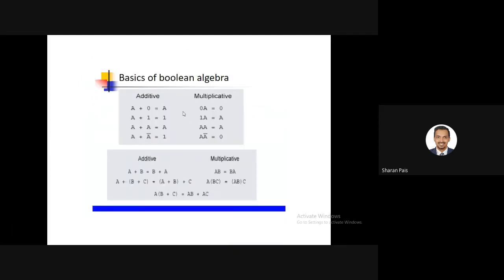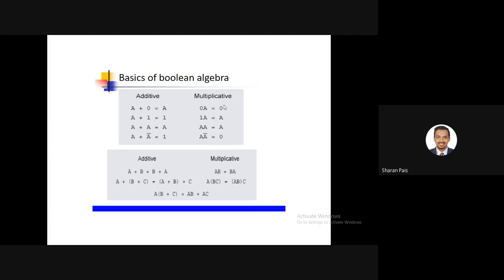The equations which are used for the simplification. You already have this in your DMS. You have a DMS subject in your syllabus. So there also you are going to study this Boolean algebra and all. Simplification. I guess you know all these things.